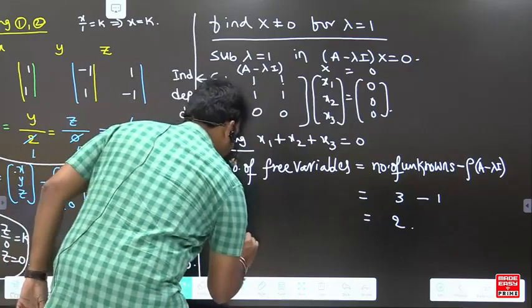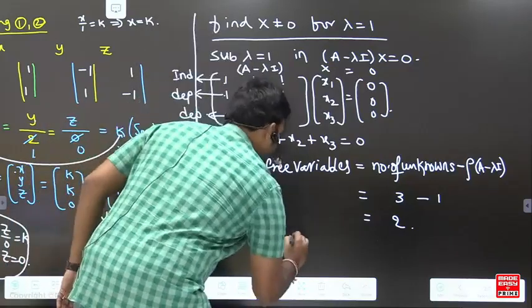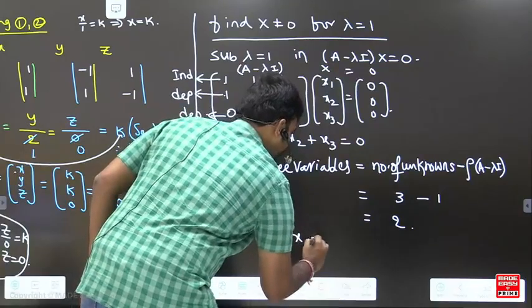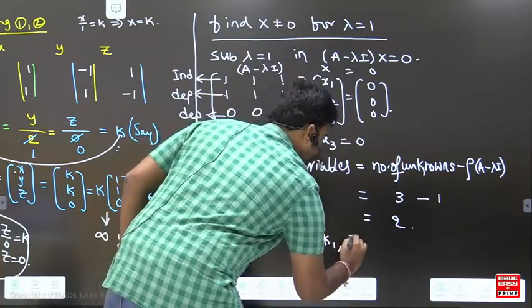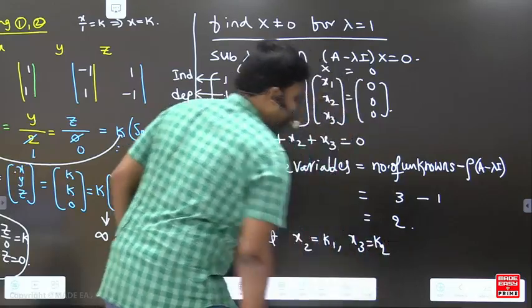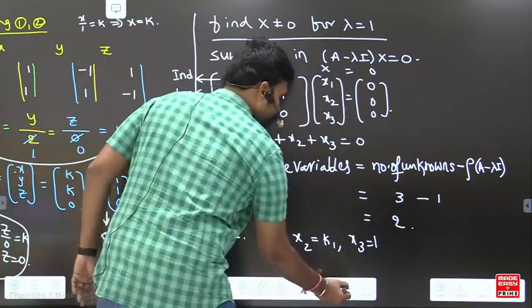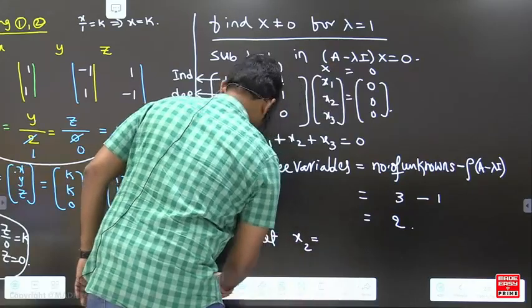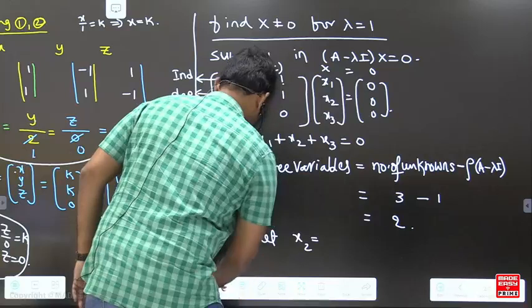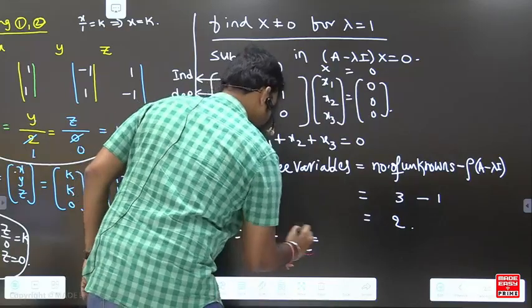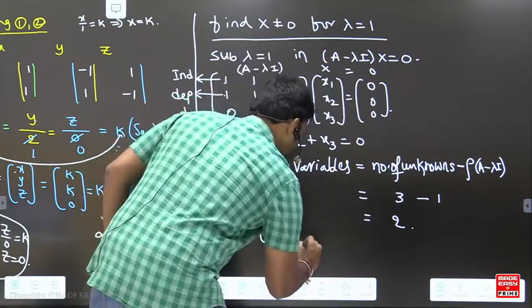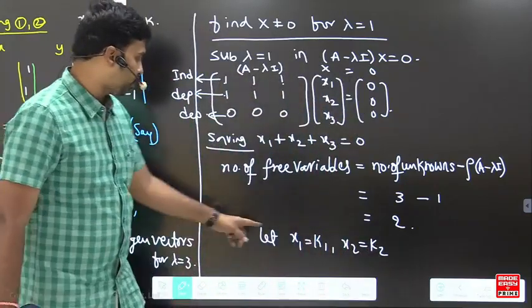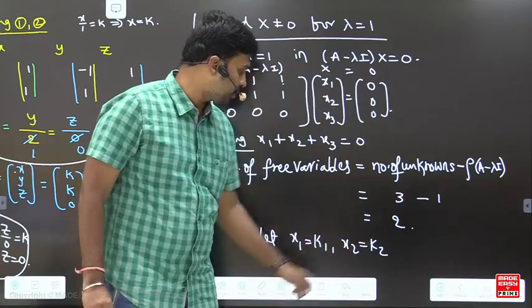Let x1 is equal to k1 and x2 is equal to k2.